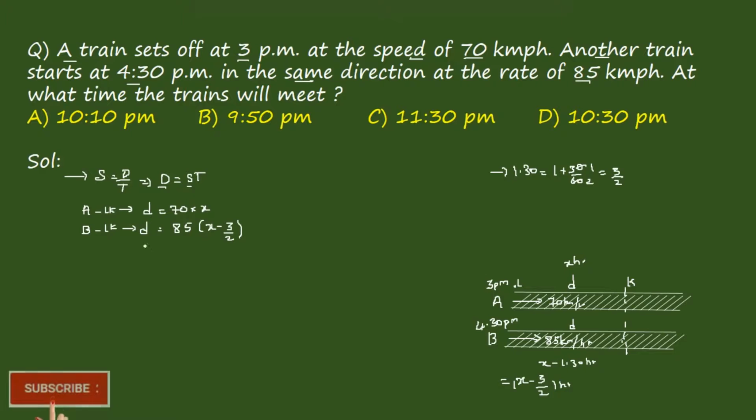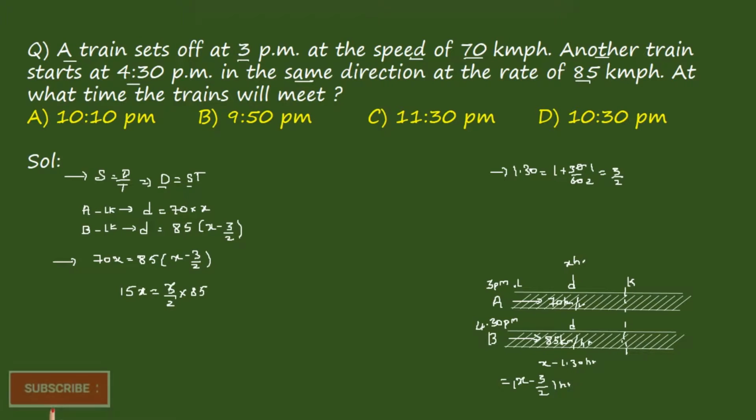But we know that both the distances are the same, so just equate them. Then you get 70x is equal to 85 into X minus 3 by 2. Now when you simplify, it becomes 15x is equal to 3 by 2 into 85.